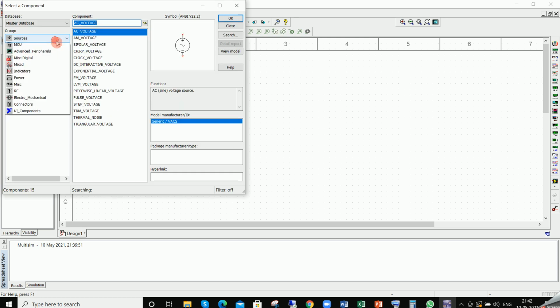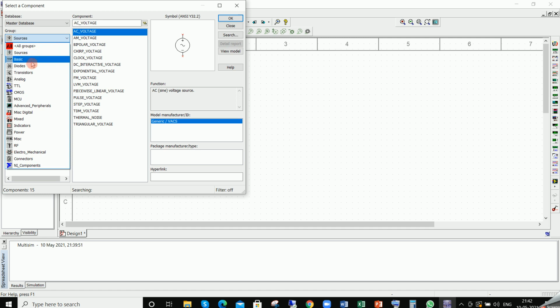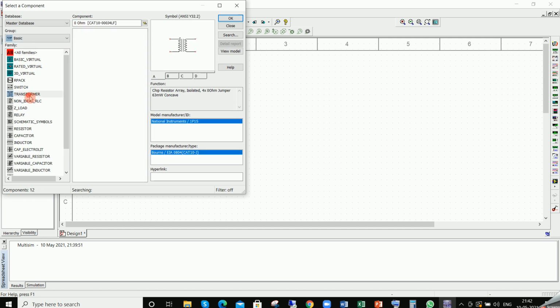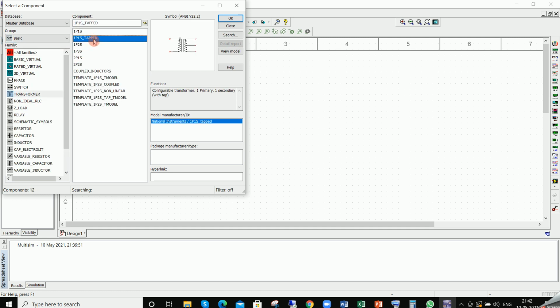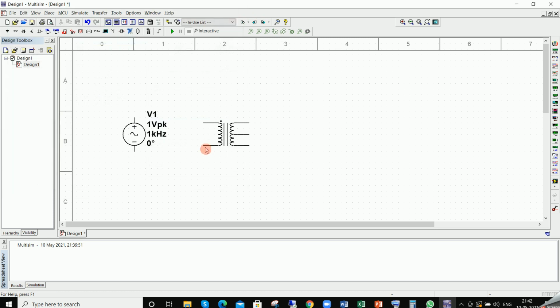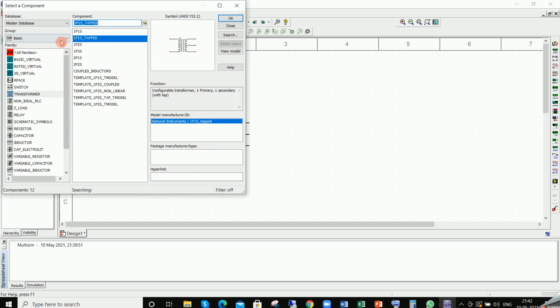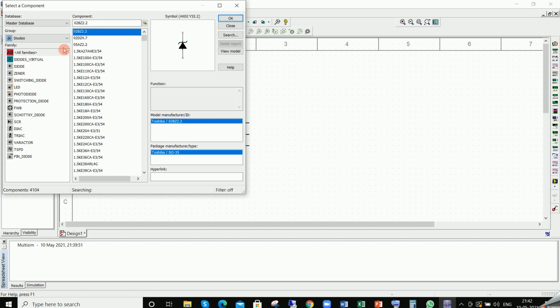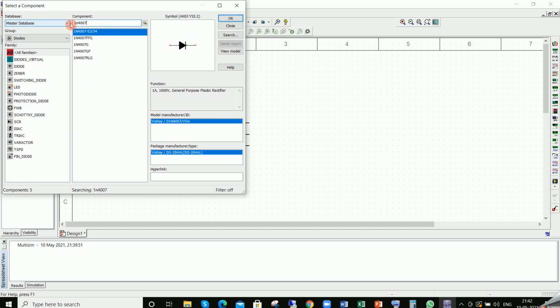Then next component is transformer. Transformer is available in basic group. We require center tap transformer, okay. The next component is diode 1N4007.